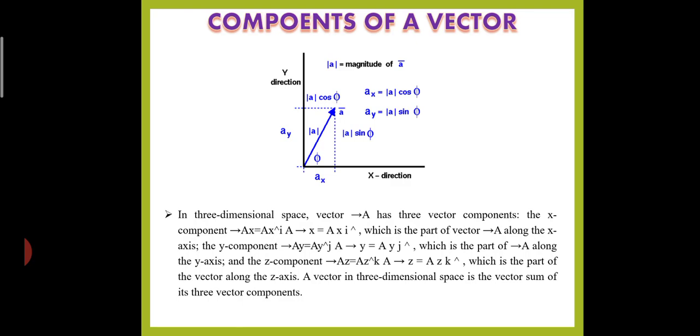In the Cartesian system, the x and y vector components of a vector are the orthogonal projections of this vector onto the x and y axis respectively. In this way, following the parallelogram rule, each vector on a Cartesian plane can be expressed as the vector sum of its vector components.